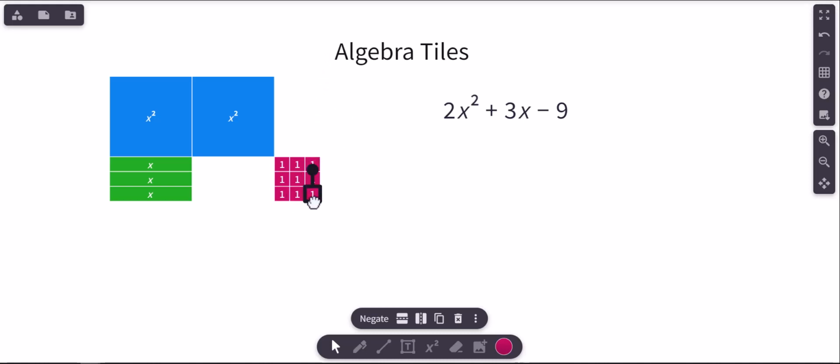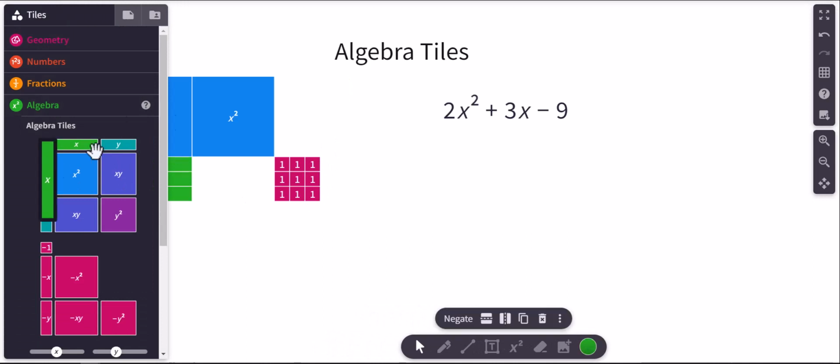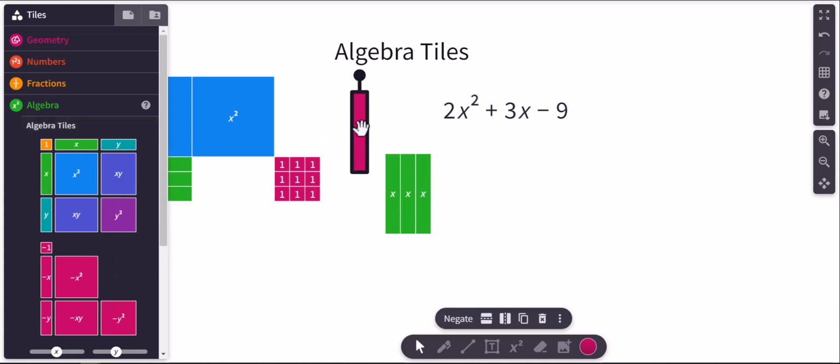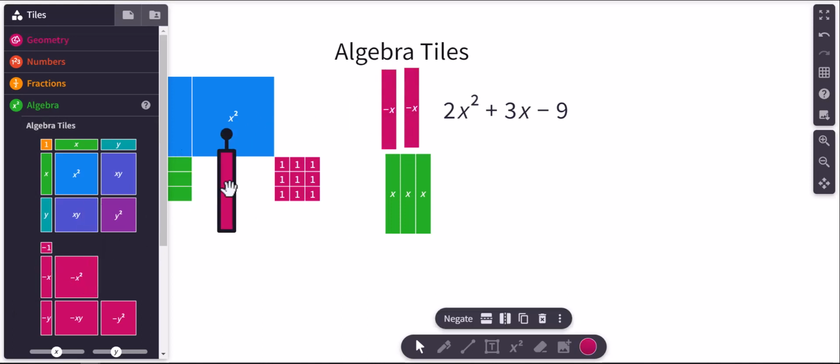So we'll start off with, let's come over here and we're going to add in, we need 3 to fill in over here, 3 green. And then we also need 3 negative x's if we're going to add in 3 greens, to complete our rectangle.